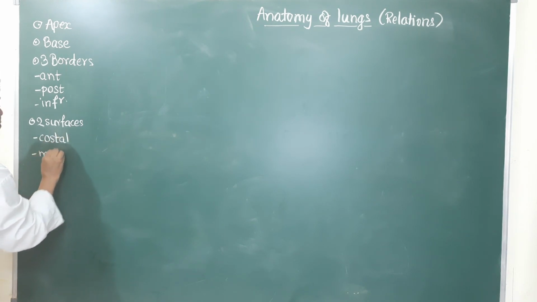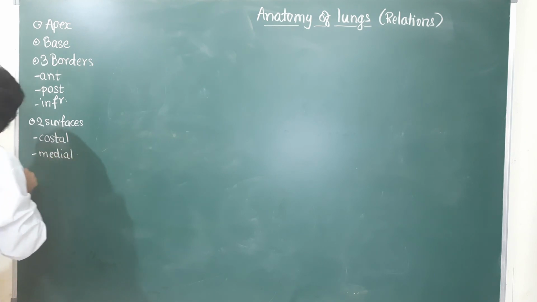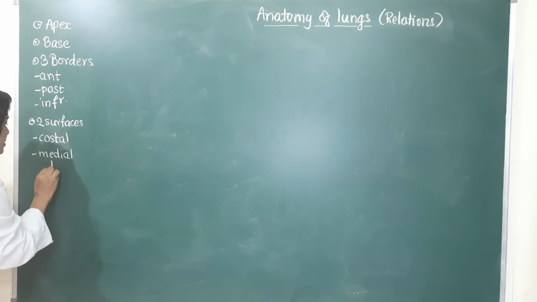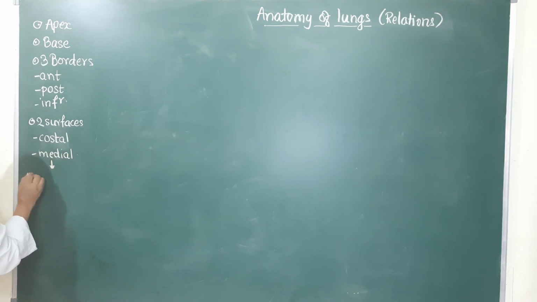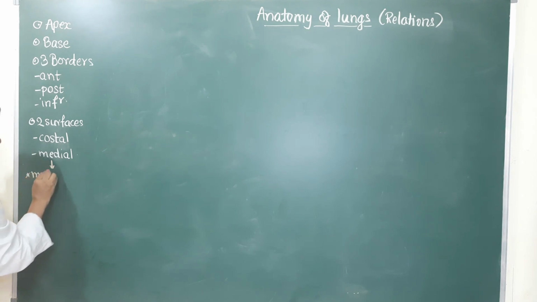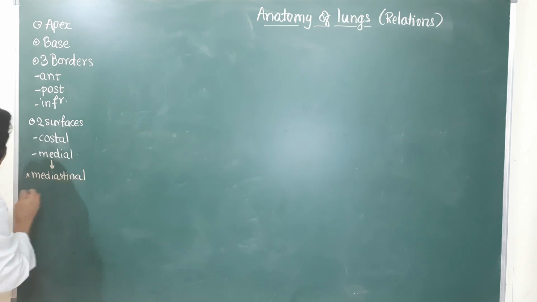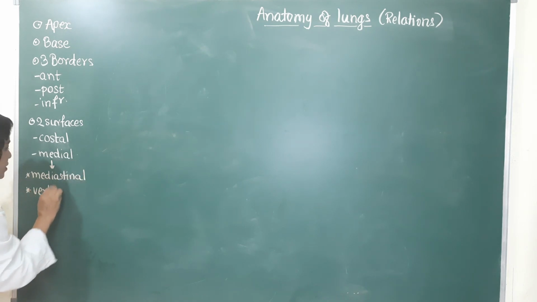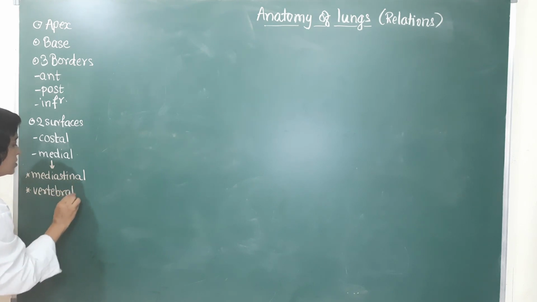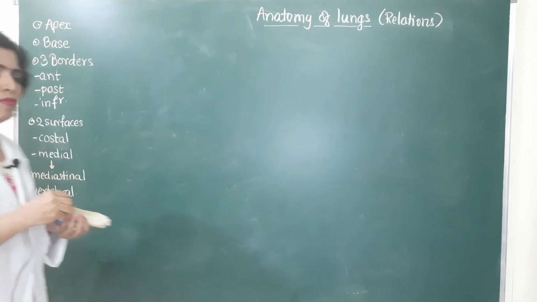This medial surface, for our convenience, we have divided again into two parts: the mediastinal part, which lies anteriorly, and the posterior part, which is the vertebral part. So these are the external features of the lung.